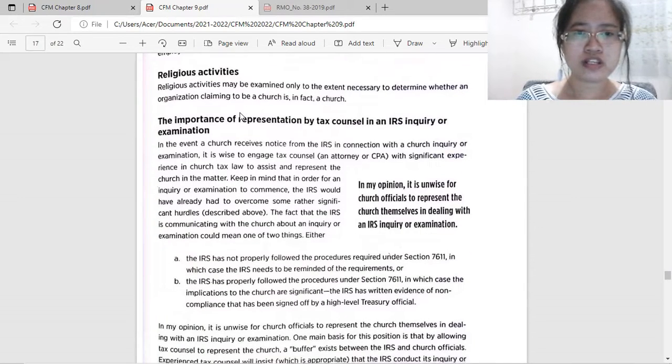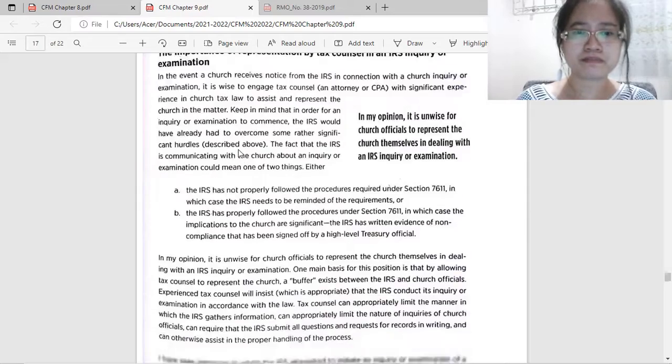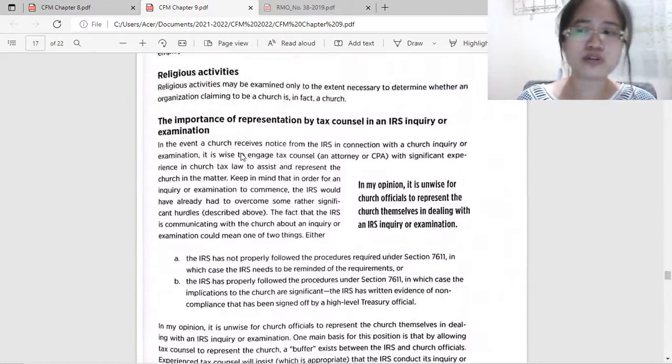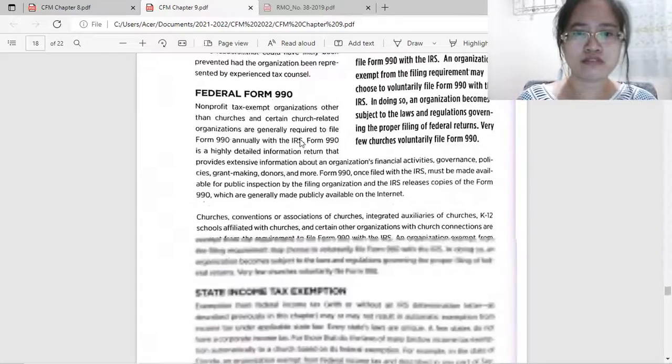Then you have your religious activities. Again, it's also important, if you're not sure what's going on, then seek representation or help from a professional, either a CPA or CPA lawyer, if ever you have that.